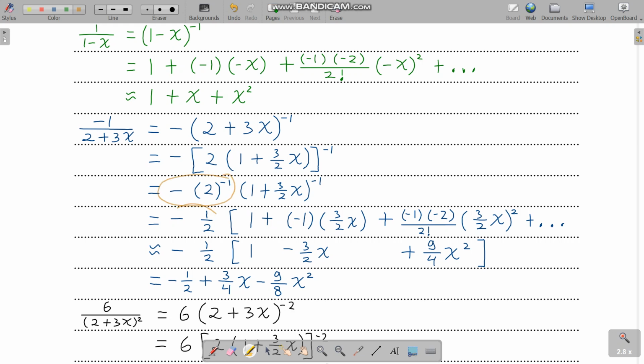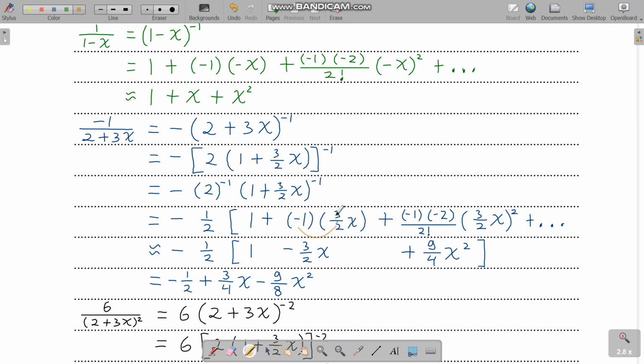From here we get minus 1/2, and for this we can use the binomial expansion formula, 1 plus nx plus n times n minus 1 over 2 factorial times 3 halves x all squared. And we can stop right here because we only need the expansion until the x squared term.